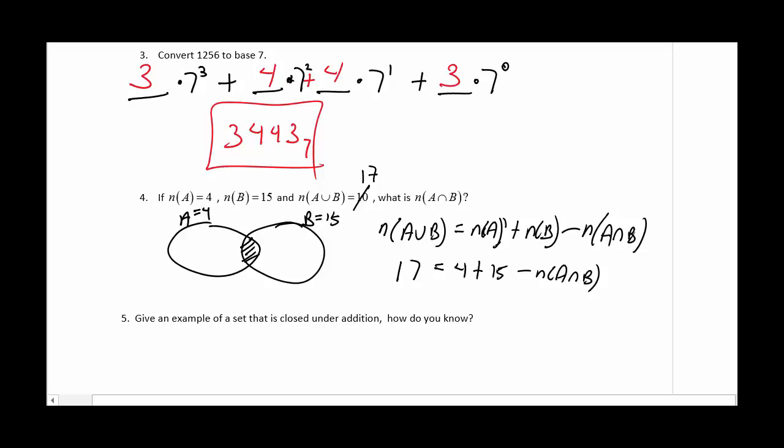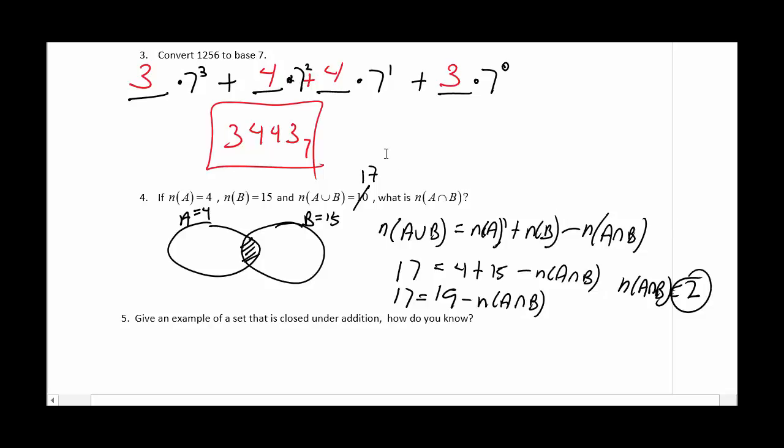Okay, 4 plus 15 is 19. Which means, what do I do to 19 to get 17? I subtract 2 away, so that means that the number of elements in the intersection has to be 2. Okay. So sorry about that typo there.